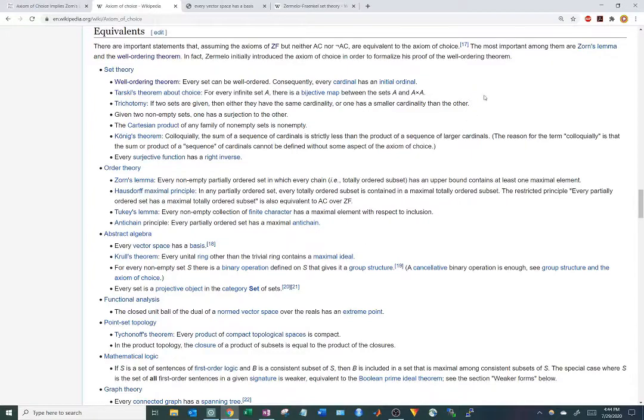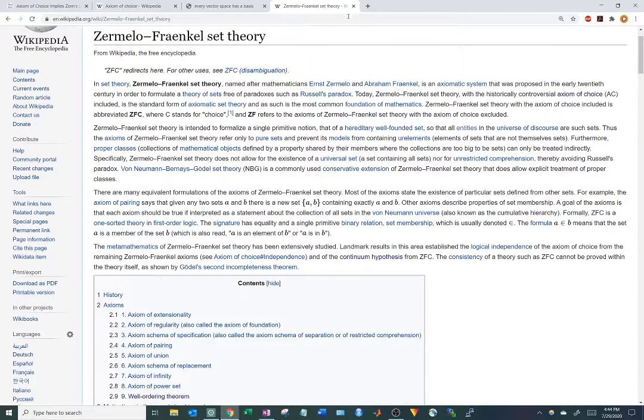But we still haven't answered the main question of, is this a true statement or a false statement? And for reasons which I will probably never understand, the truth or falseness of the axiom of choice is logically independent of all the other assumptions that we use in mathematics.